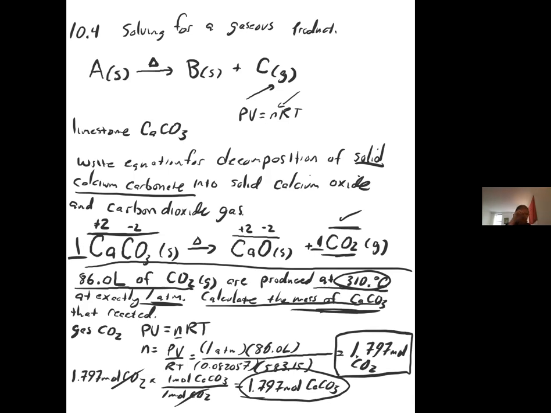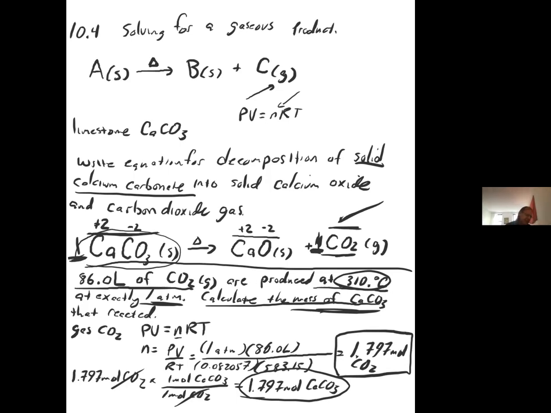So in these problems, they're going to give you data related to pressure, volume, temperature. You use the ideal gas law to find out the number of moles. Or if they give you the mass of the reactant, which is a solid in this case, find out how many moles, and then again, 1 mole of this for every 1 mole of that, that will give you the moles of CO2. So again, you can find out any of them.